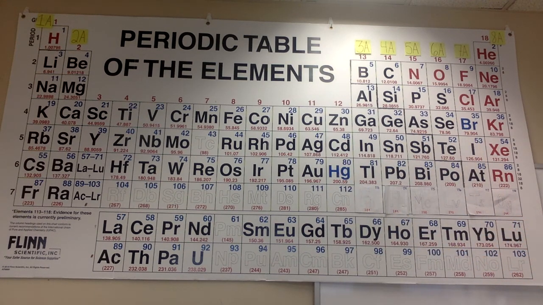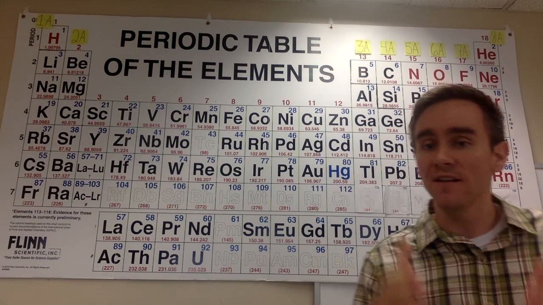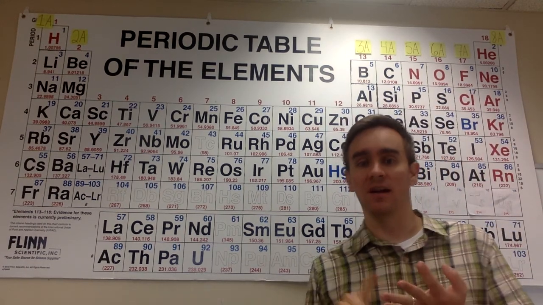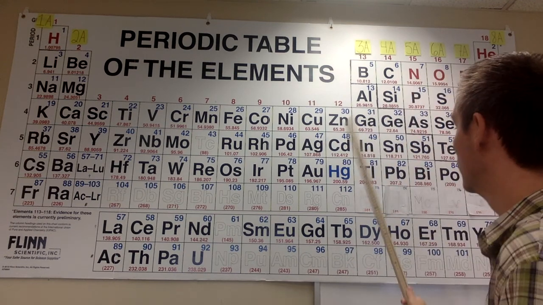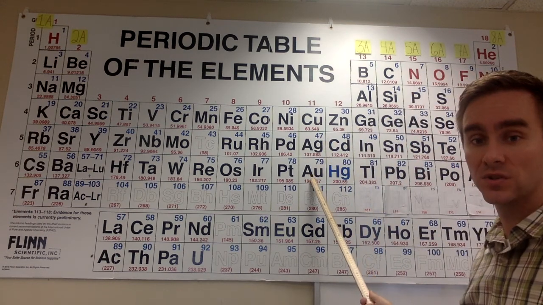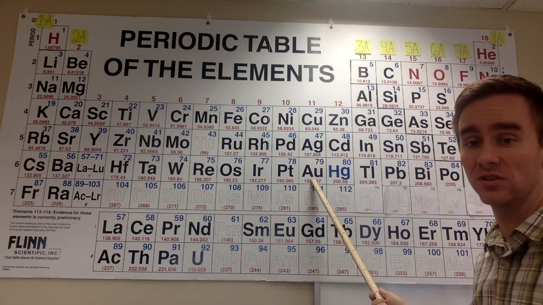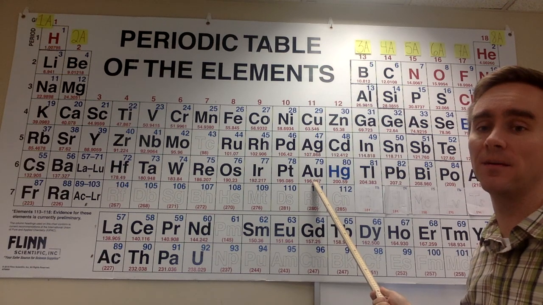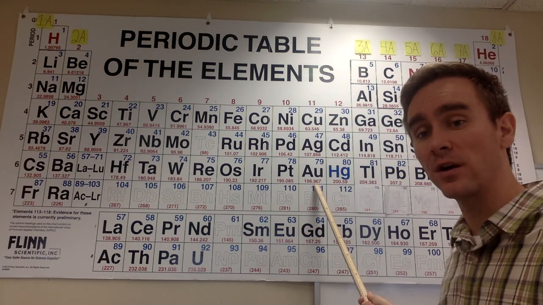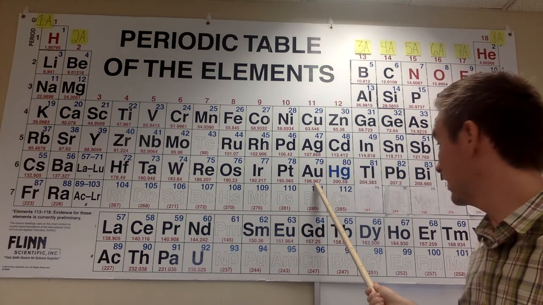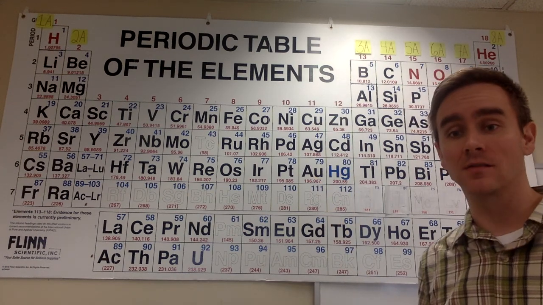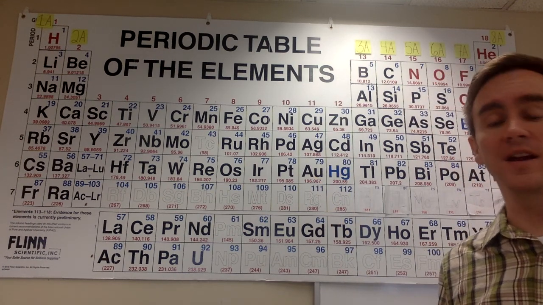I keep saying at room temperature because that's very important. Every element can be a solid, liquid, or gas. You can heat gold, which is a solid at room temperature, and turn it into a liquid. With the right amount of pressure and temperature, you can turn it into a gas, a gold vapor.